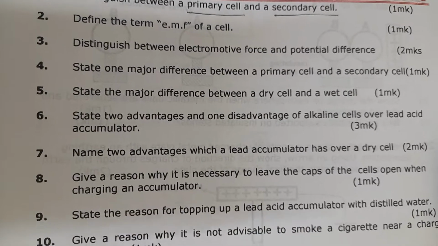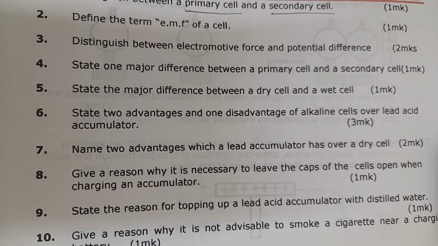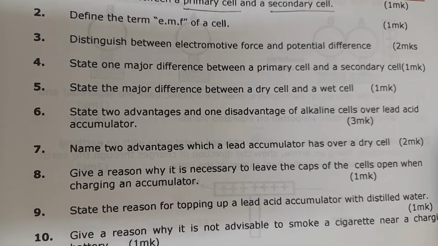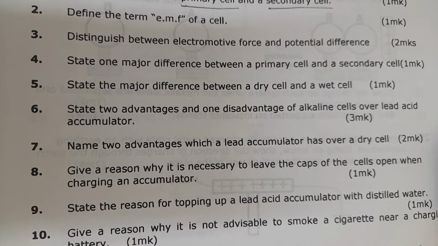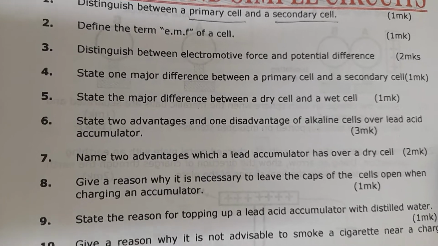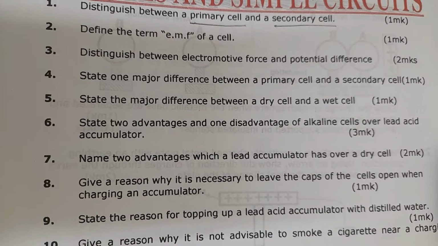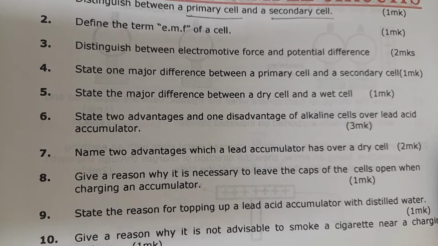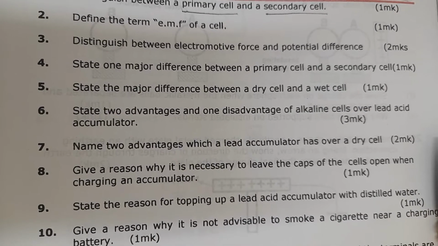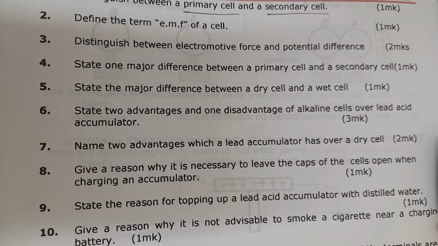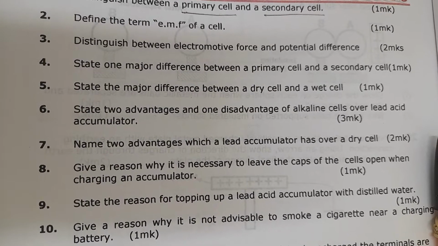Both the potential difference and the electromotive force are measured in volts. And the electromotive force is larger than the potential difference for the same cell or battery. The difference between EMF and PD is what we call the lost voltage.